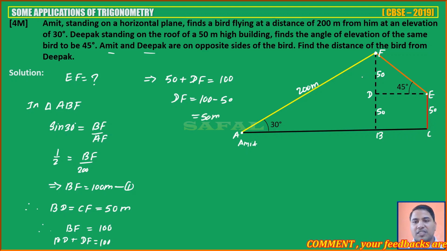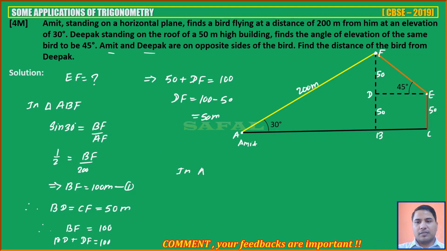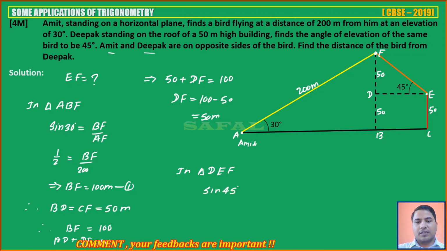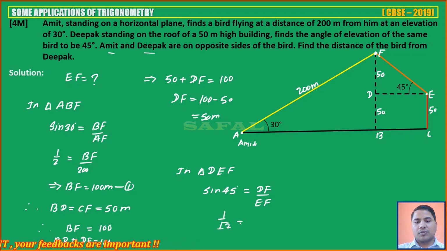So now DF we have with us. We need to find EF. So again I need to write a trigonometric ratio which relates DF and EF. In triangle DEF, sine 45 degree equals DF by EF. Now sine 45 is 1 by root 2. DF we have found as 50, and EF we don't know, that we are supposed to find.